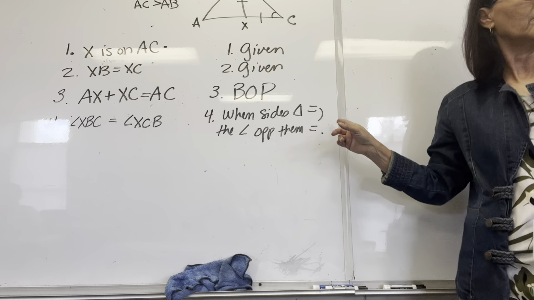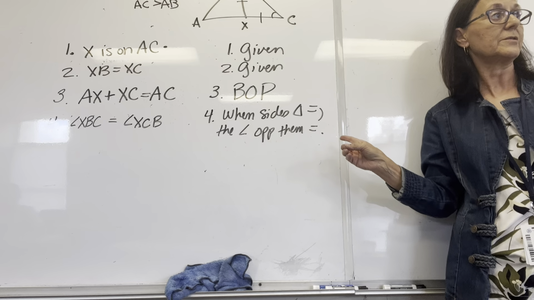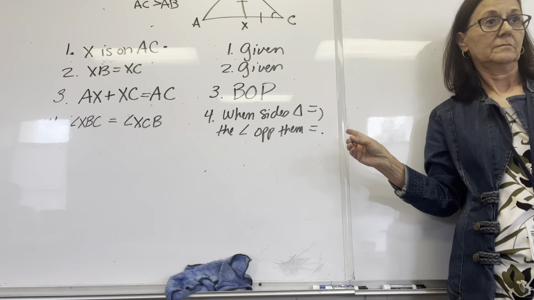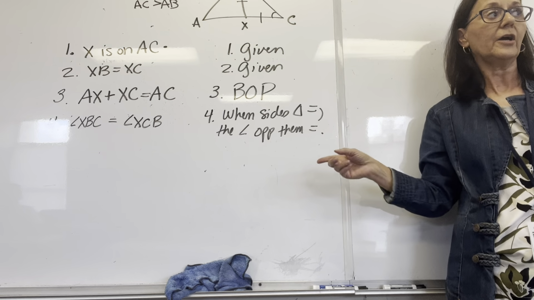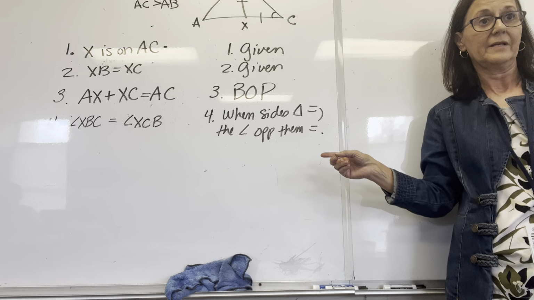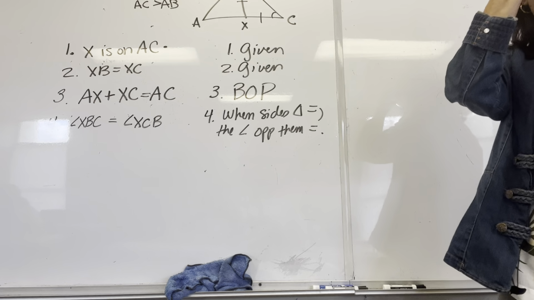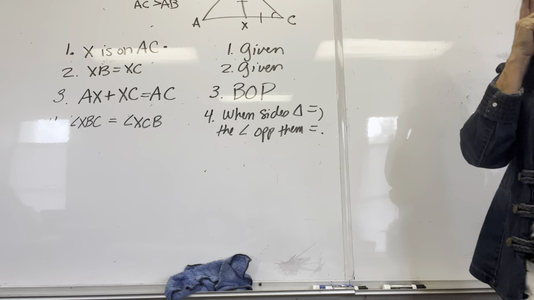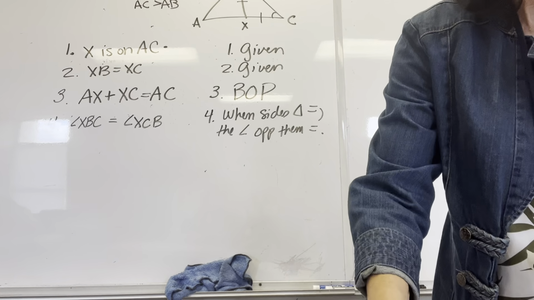No, this is what I want you to write, because names of theorems change with textbooks. If you take a test anywhere outside of this class, they're not going to use the names of the theorems. This is what they're going to ask you. I find it easier to just explain why. That is correct.